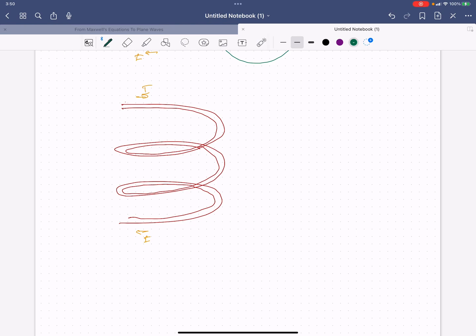Imagine a loop that goes around here, goes behind that wire. That part of the coil goes behind this part of the coil, and then this part of the coil. So it captures this one in the loop, this one, and this one. So this particular line has 3 flux linkages.